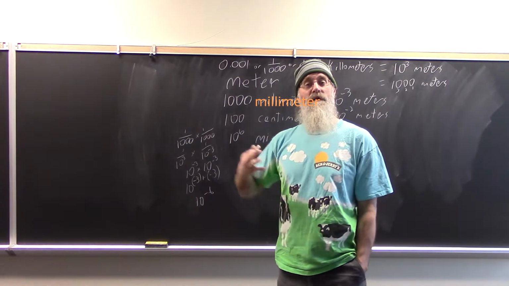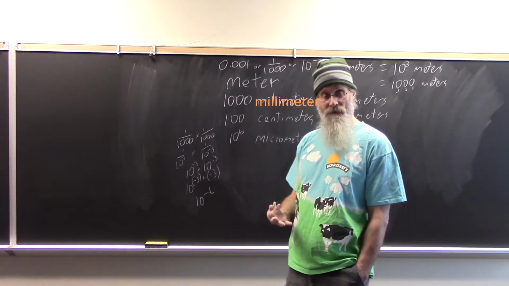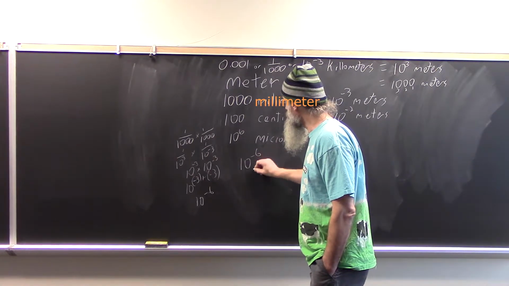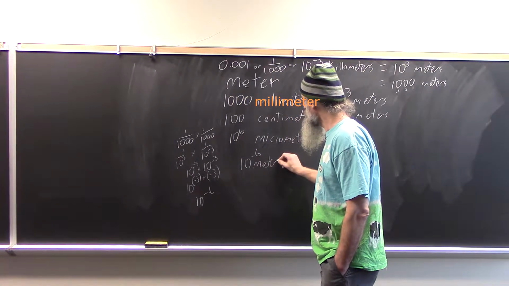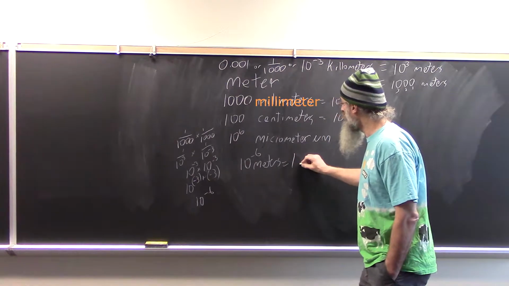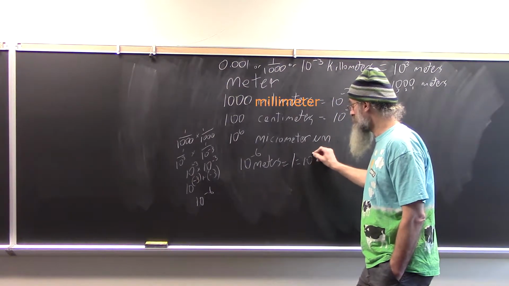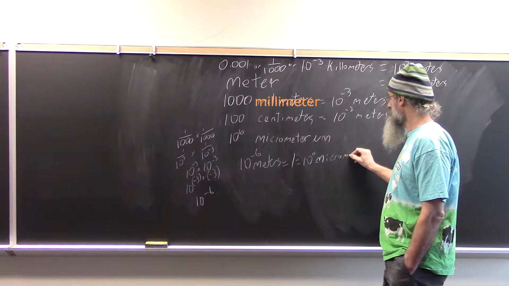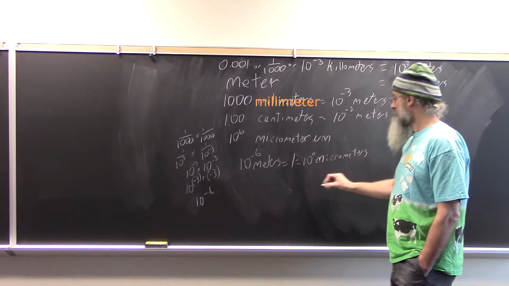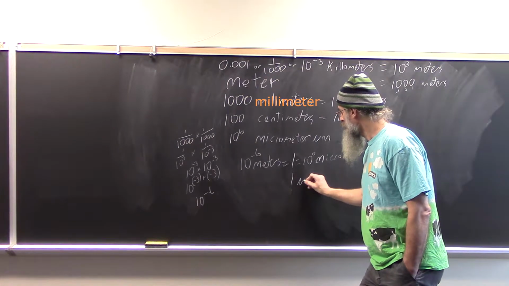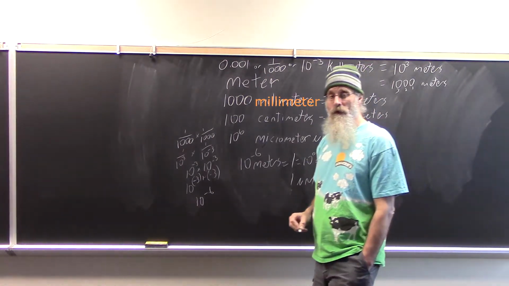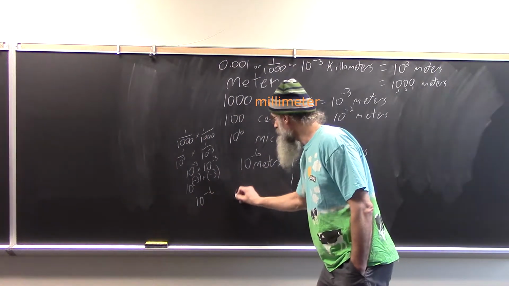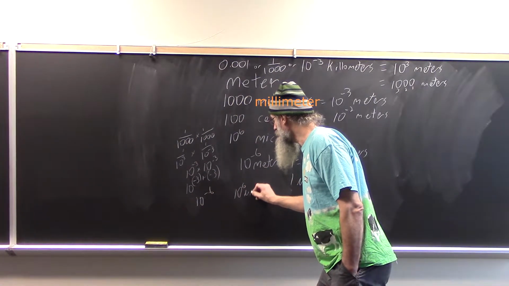So 10 to the minus 6 meters is equal to 1, which is equal to 10 to the 0, micrometers. So if you had a meter, that would consist of 10 to the 6 micrometers.